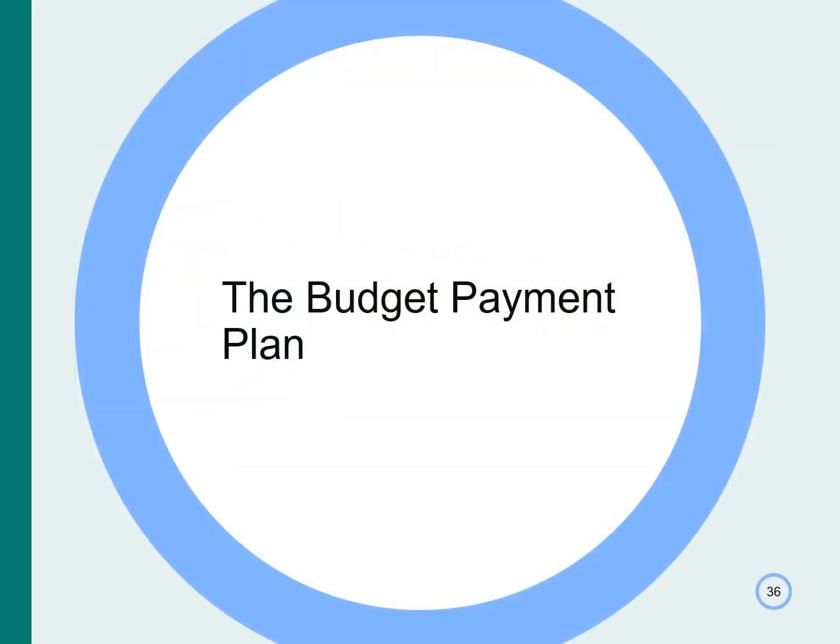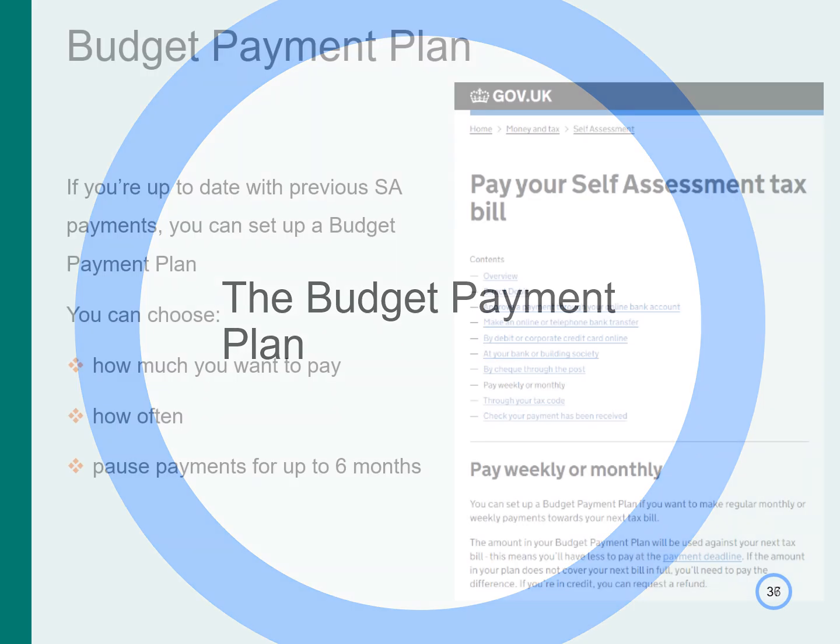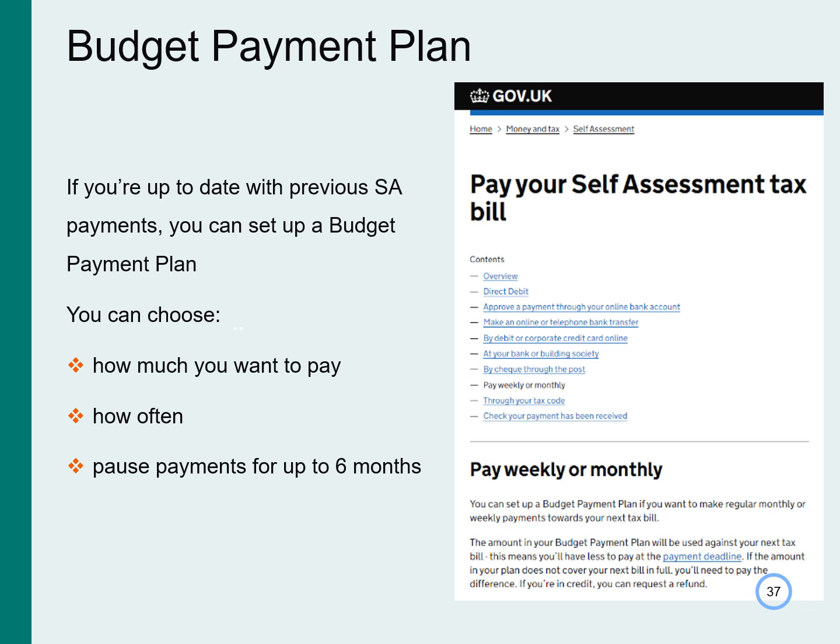Here's a brief explanation of what is meant by entering into a budget payment plan. For future reference, provided you're up to date with previous self-assessment payments, you can set up a budget payment plan which allows you to make regular monthly or weekly payments towards your tax bill.